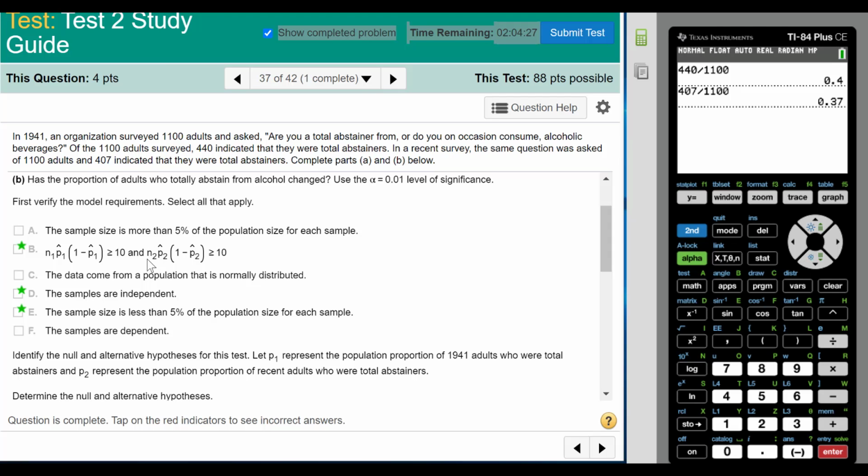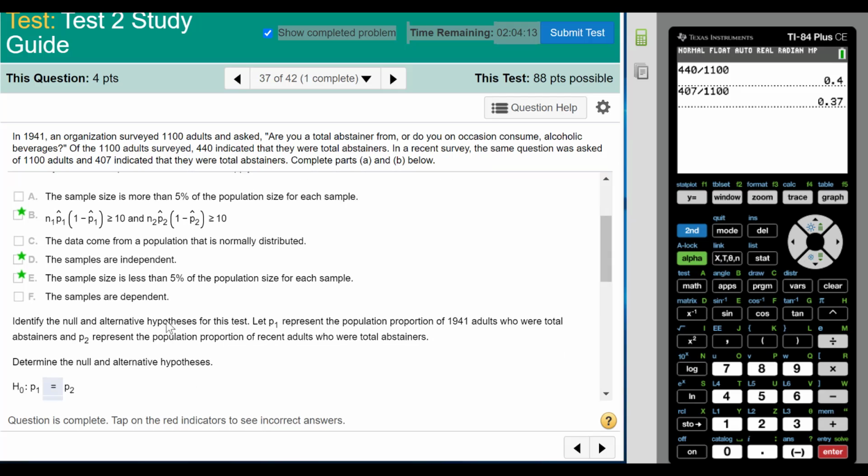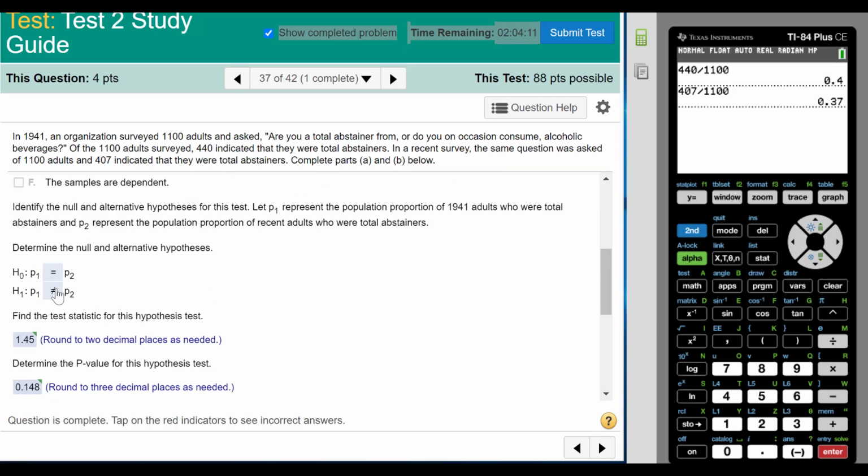And the second one, N2, which is 1,100 times 0.37 times 1 minus 0.37 must be greater than 10. The samples must be independent. You always select that. And the sample size is less than 5% of the population size. Okay, your null and the alternative will be P1 equals P2 and P1 not equal P2 because he says changed. He didn't mention bigger or smaller.